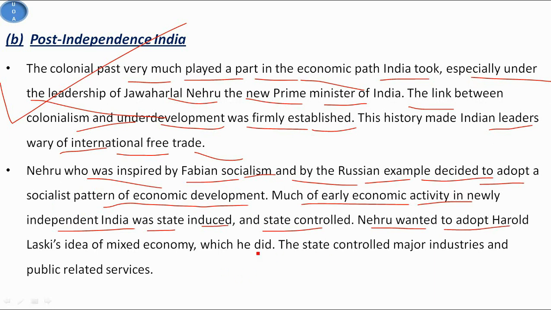Nehru wanted to adopt Harold Laski's ideas of a mixed economy, which he did. The state controlled major industries and public-related services. So, in setting a path for economic policy after independence, Nehru followed development discourse and models which were current and popular at that time.